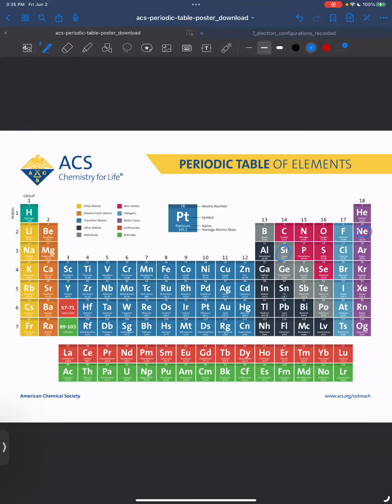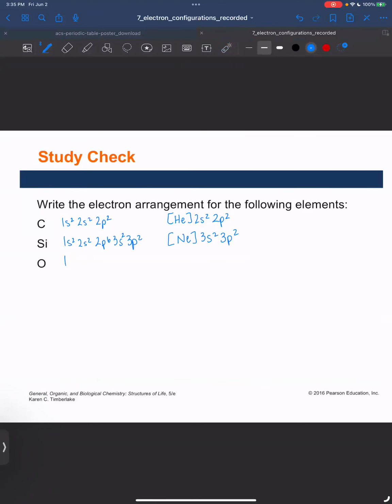Oxygen, 1s2, 2s2, 2p, 1, 2, 3, 4, 2p4. So 1s2, 2s2, 2p4. And its nearest noble gas is helium. So it'd be 2s2, 2p4.